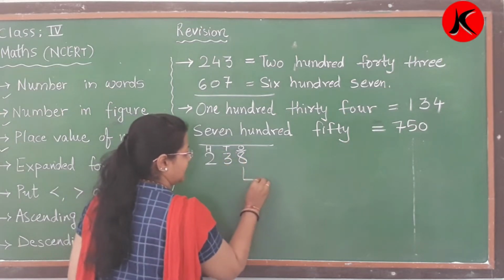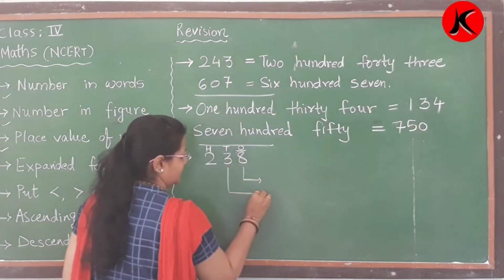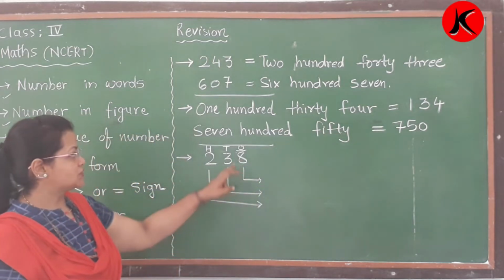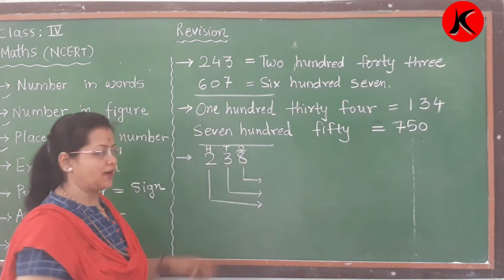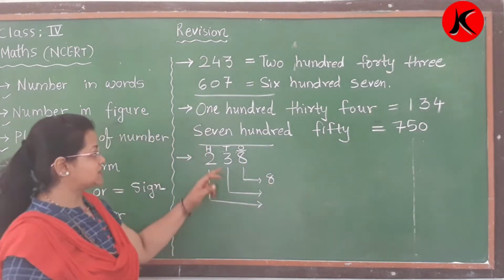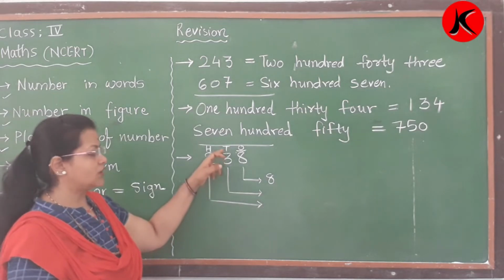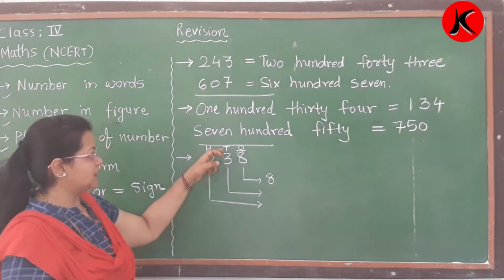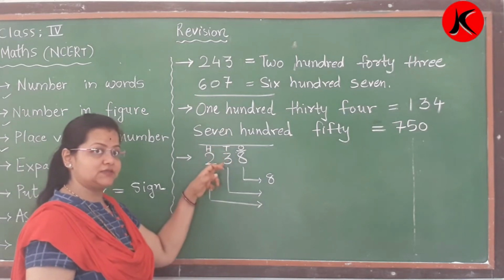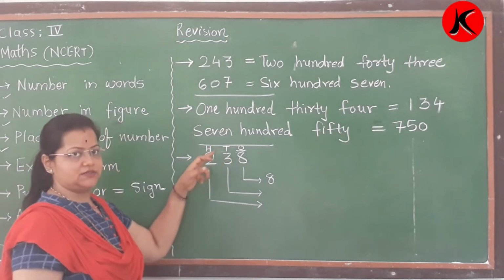Now, how to write the place value? If this one is on the first, ones place, then the place value is the same number. So write here 8. Now, the place value of 3. 3 is on the tens place. That means how many times 10 in this place? 3 times ten.